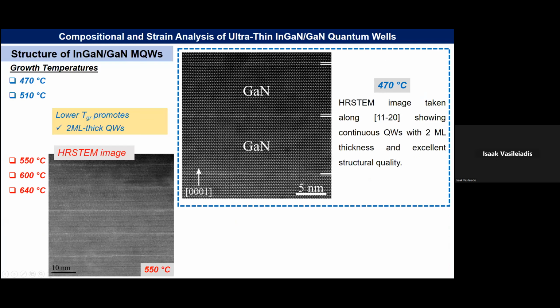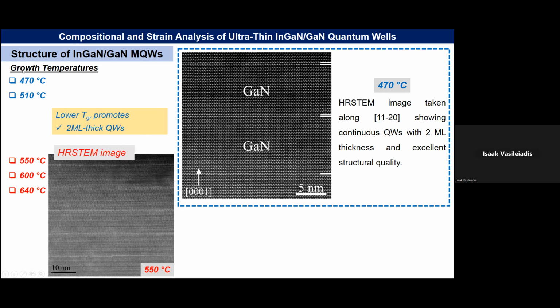And now you can see what these quantum wells are and what their thickness is. They are extremely thin. Their thickness is limited to 1 or 2 monolayers.